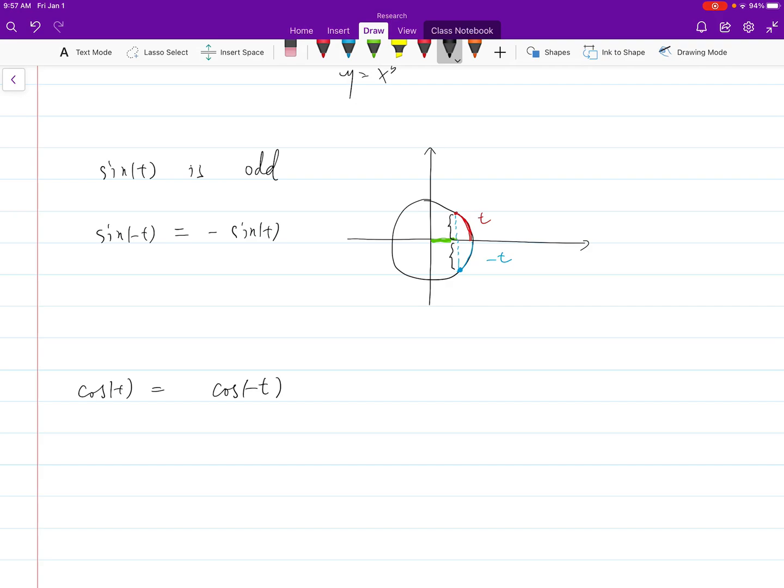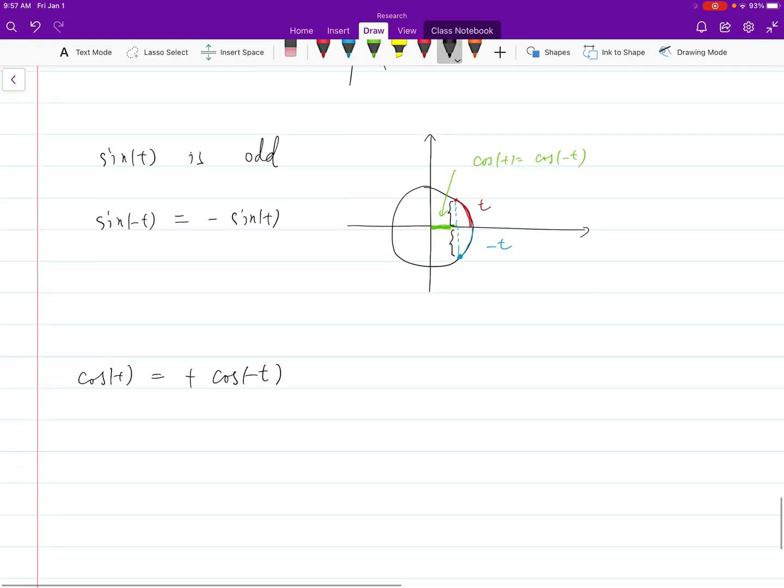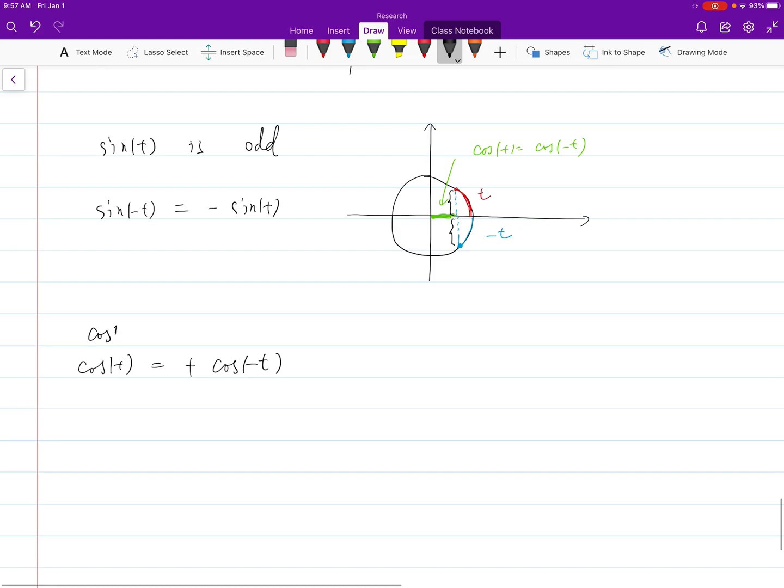Similarly for cosine t and cosine of negative t. What's going on here? Well, this is t, this is negative t. You can see the cosine for both t and negative t is going to be the green line I just wrote down. No matter if you're in quadrant 1 or quadrant 4, it's the same x. So no matter whether you have positive t or negative t, you are both positive.